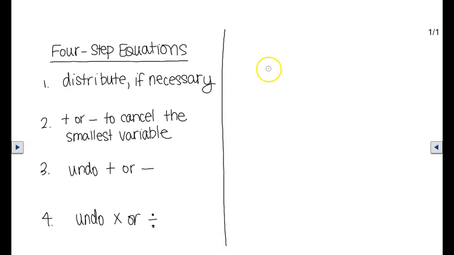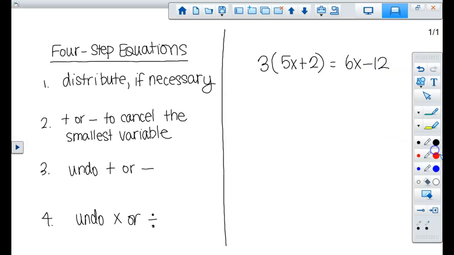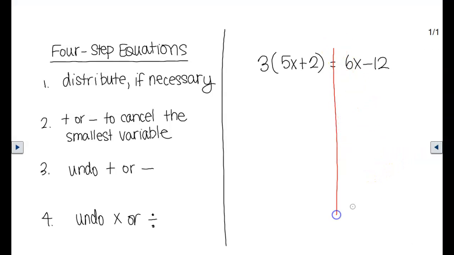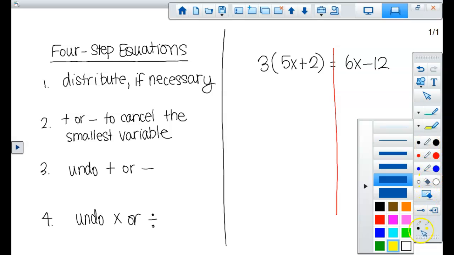All right, so with that said, let's look at this example. Let's solve 3 times the group 5x plus 2 is equal to 6x minus 12. Remember, before you start doing your 4 steps, line through the equal sign, and here we go.